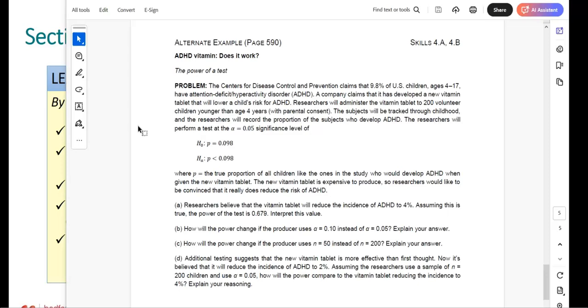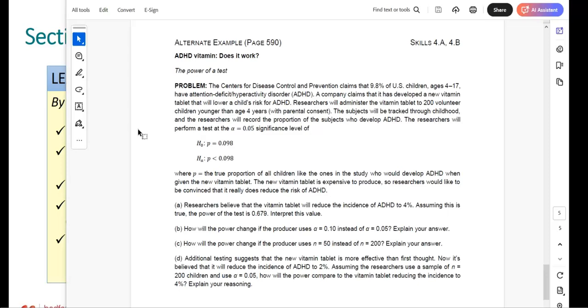Subjects will be tracked throughout childhood, and the researchers will record the proportion of subjects, who haven't developed it yet, who do eventually develop ADHD. The researchers will perform the test at the alpha equals 5% level, and the null is P is 0.098. The alternate, we think, is less than that, where P is the true proportion of children, like the ones in the study, who would develop ADHD given the new vitamin tablet.